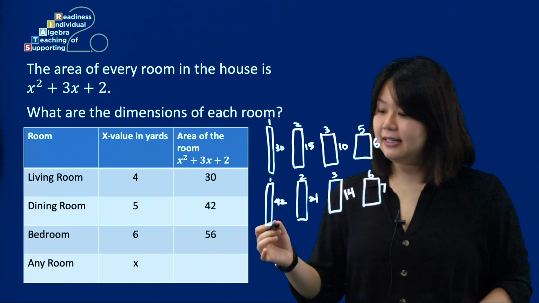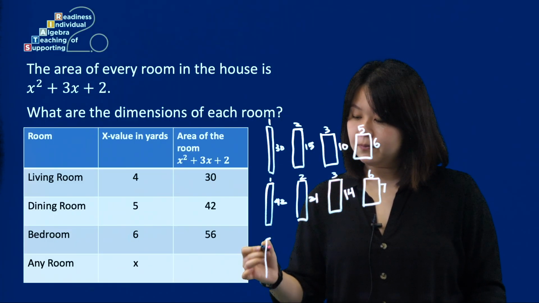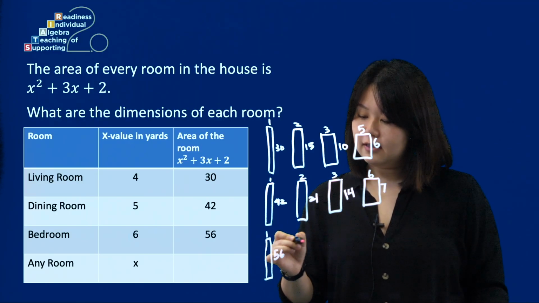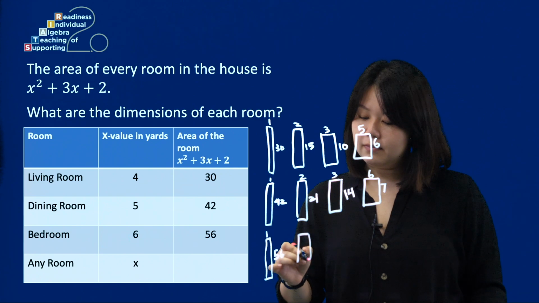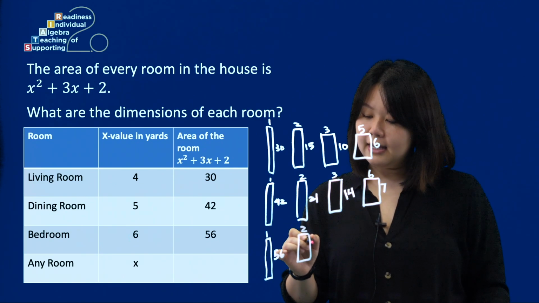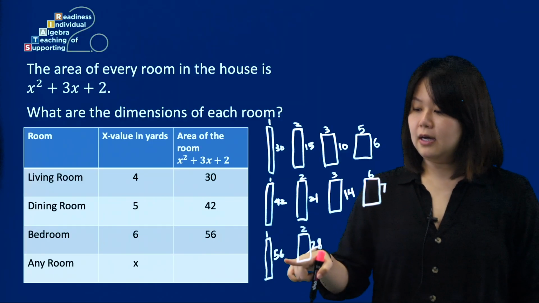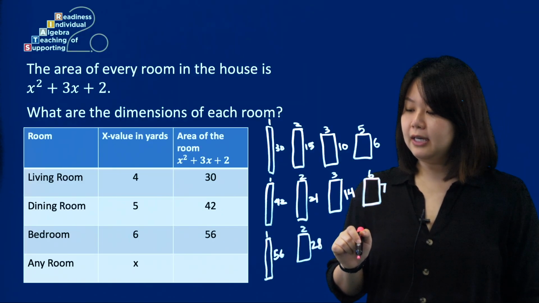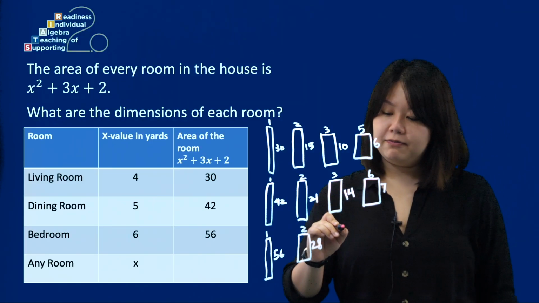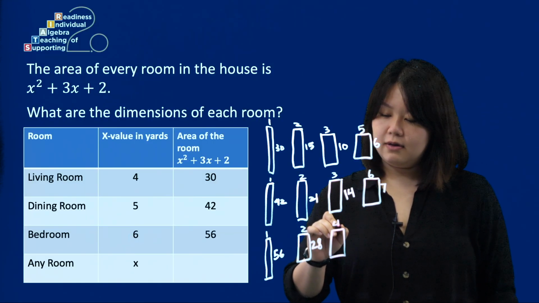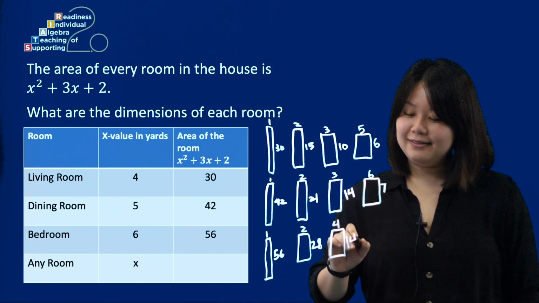Finally, for 56, we're going to do the same thing. 1 and 56, 2 and 28. 56 is not divisible by 3, but it is divisible by 4. 4 and 14.